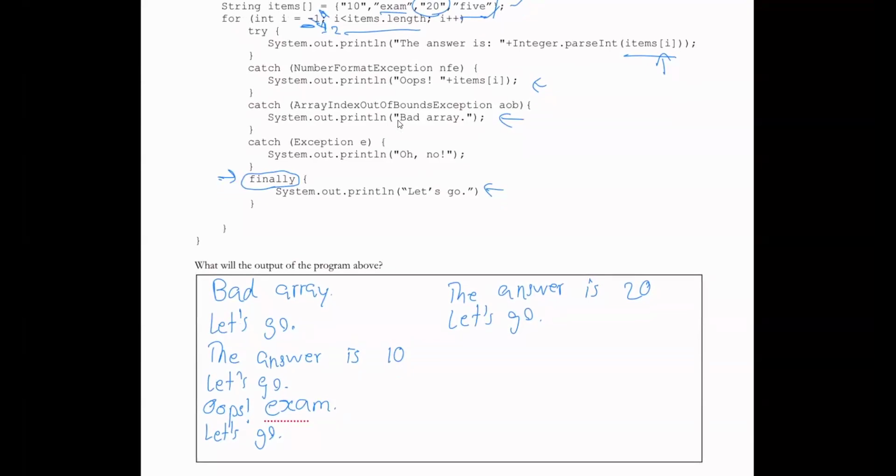The error will be a number format exception because you cannot convert a string to an integer. And then 5. Now finally. Somebody asked me, the finally line is not in the solution, but we need to add the finally line at the end.